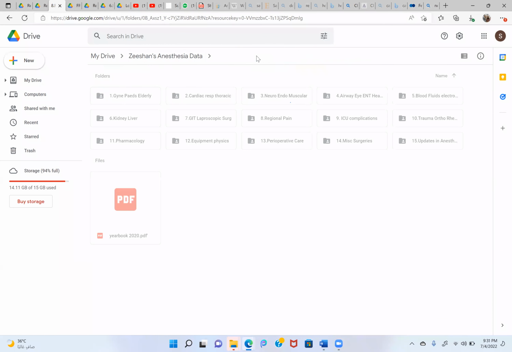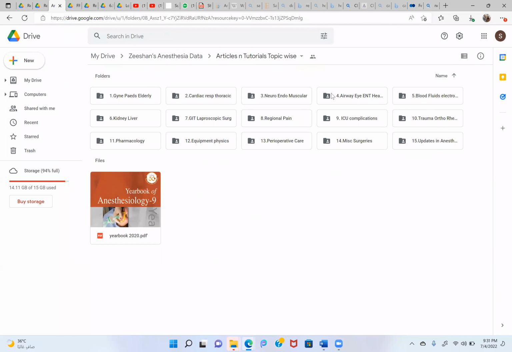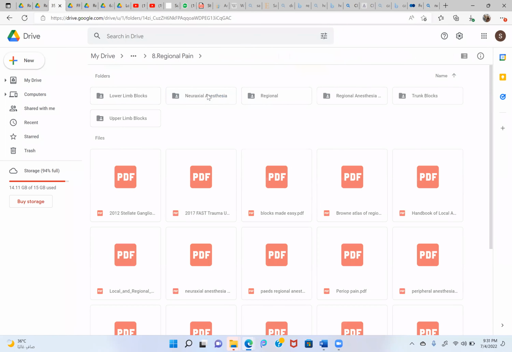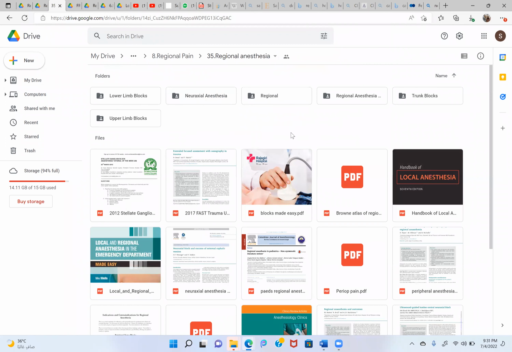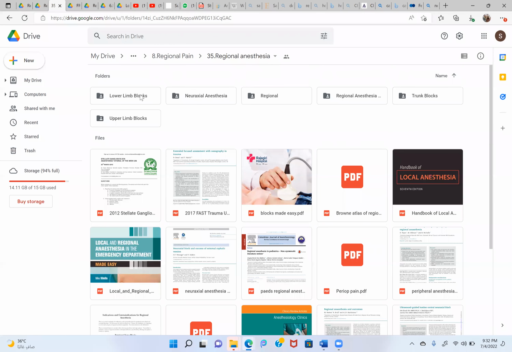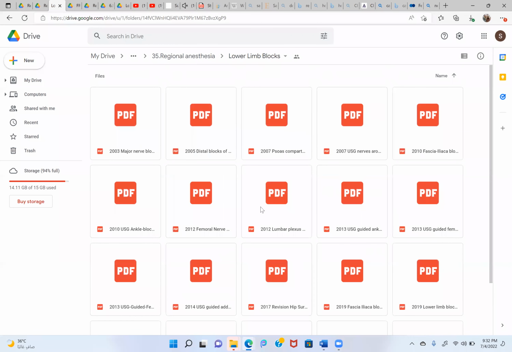You will go to this article folder and have a look, and you will find anything. You will go to regional, for example. I have tried as much as possible, I have done it myself, so it's not perfect, but I have tried to make it as perfect as possible. You will go to the lower limb blocks, and you will find each and everything.